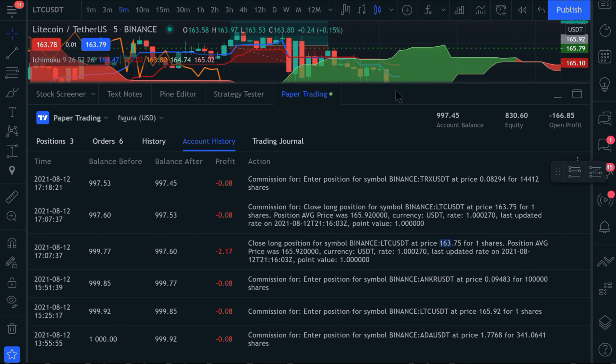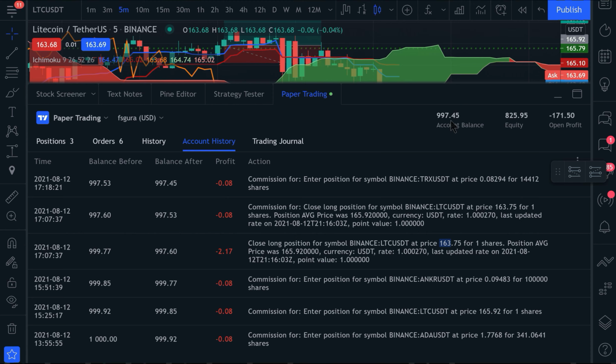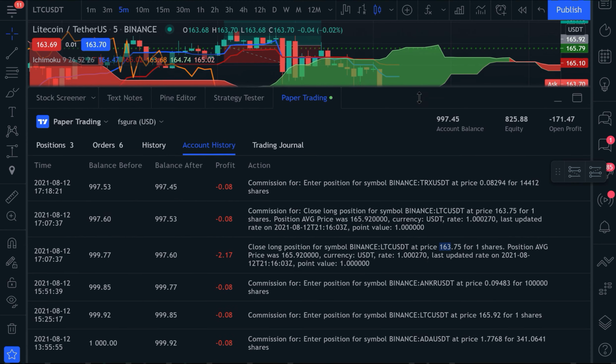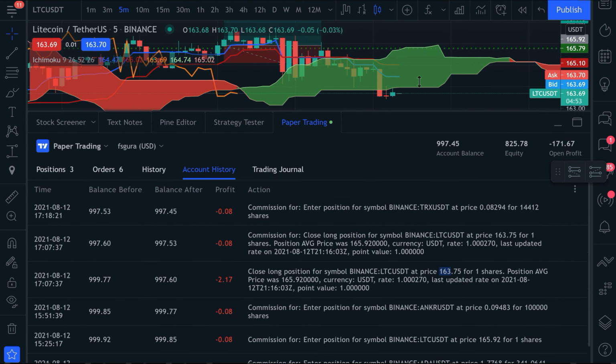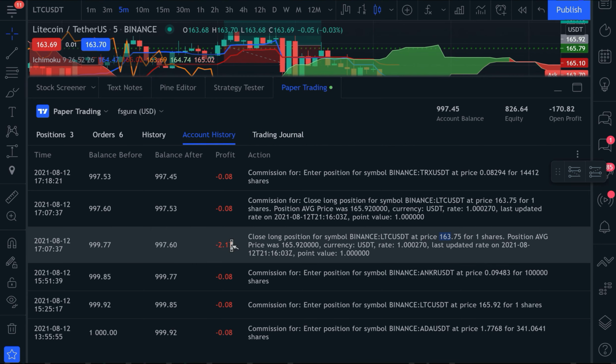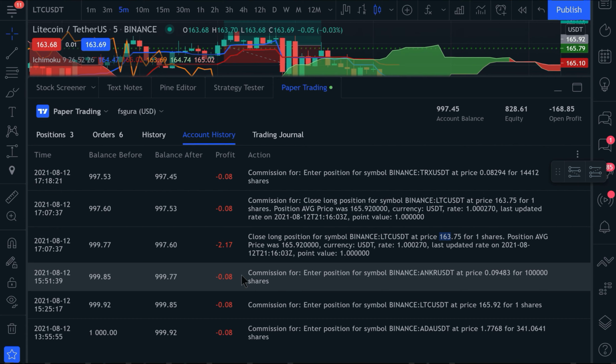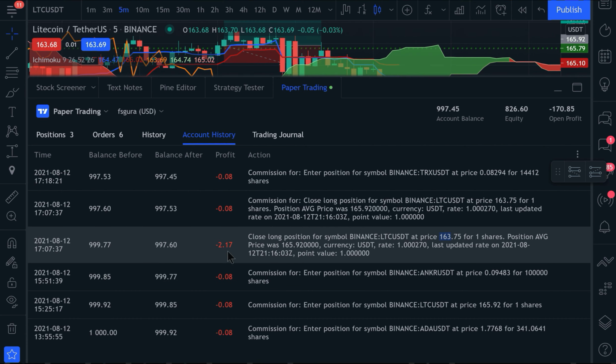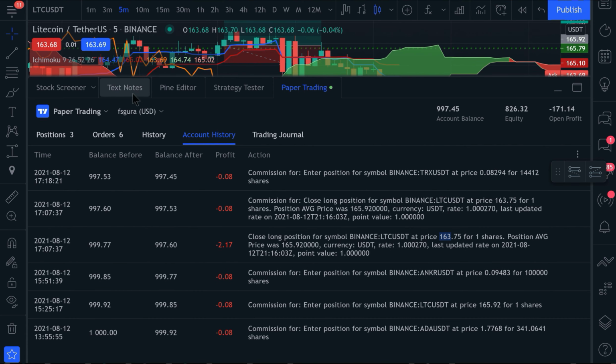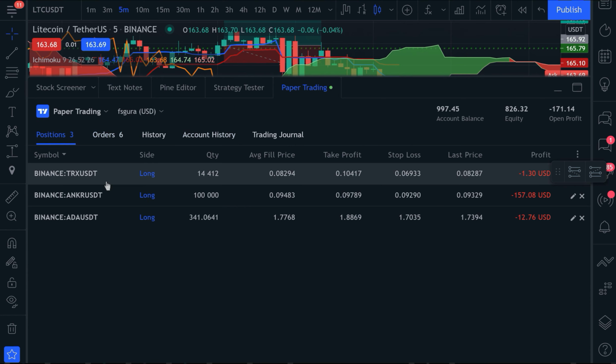Risk management is very important because we lost a trade, but we still have $997 in our account balance. Losing, but not so much, just $2. So in account history, we have the commission fees that we paid for our activity, the $2 loss, and the other trades that are still working.